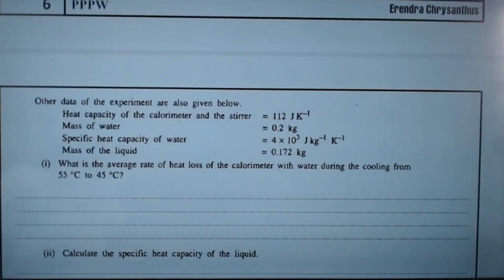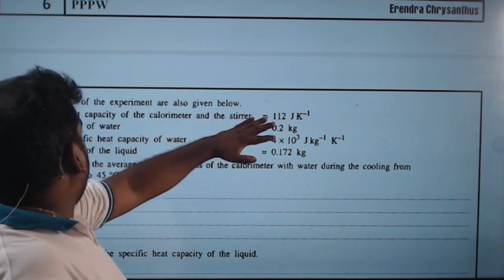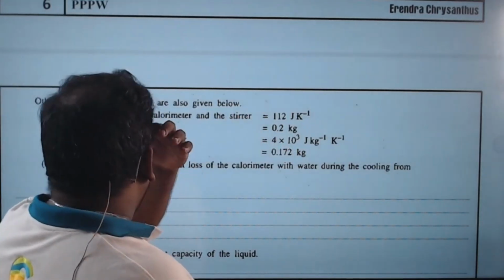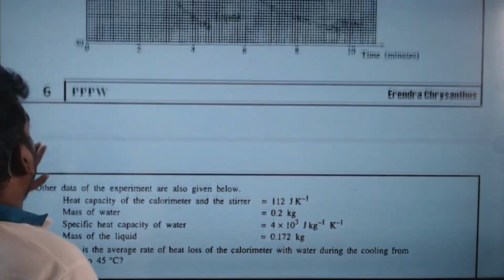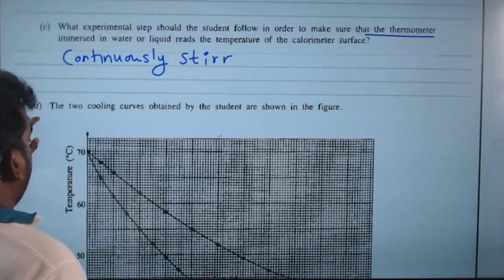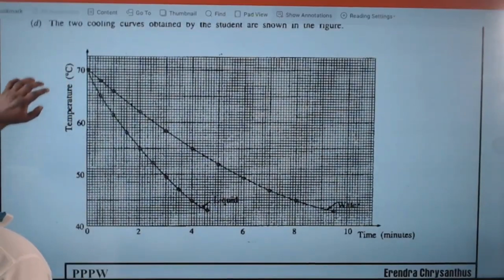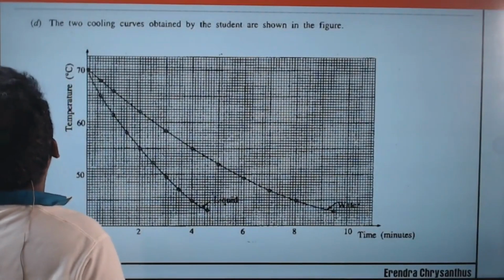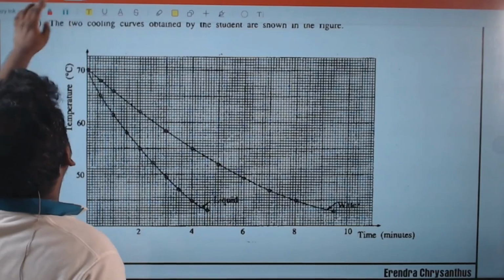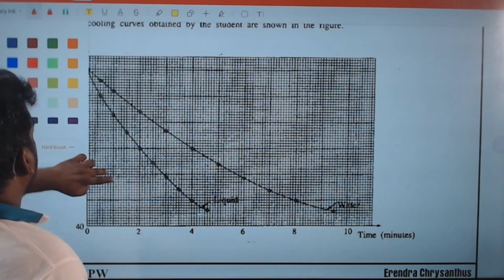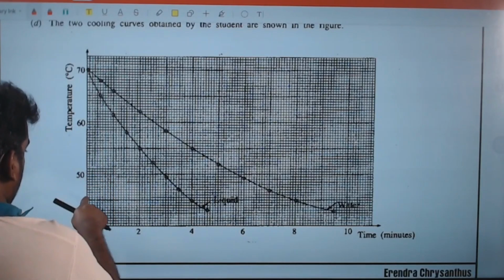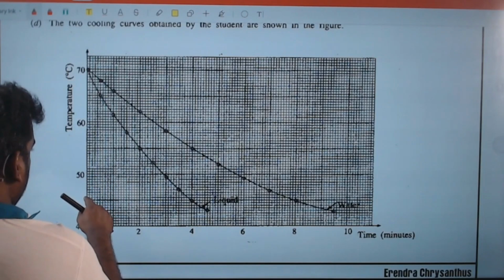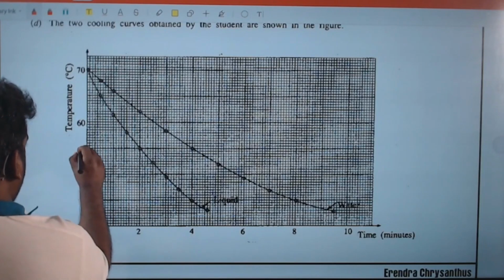Other data in the experiment is heat capacity is given, mass of water, specific heat capacity of water, mass of liquid. What's the average rate of heat loss for water from 55 to 45? Right. 55 to 45. Properly indicate 55.